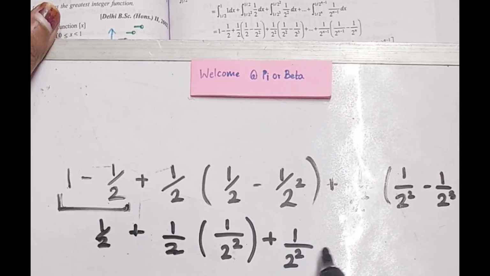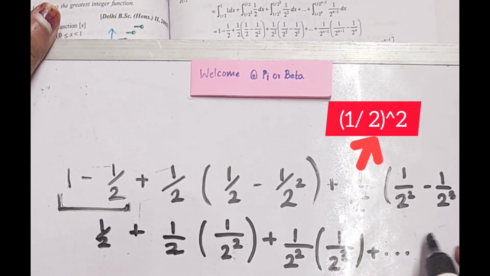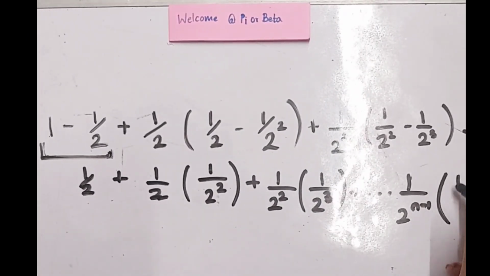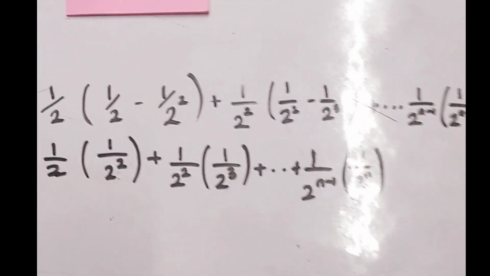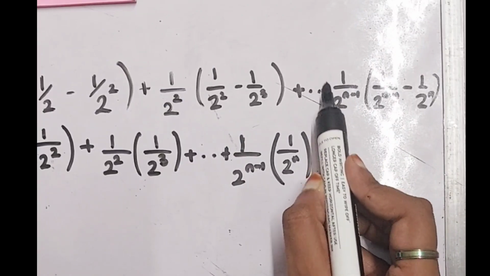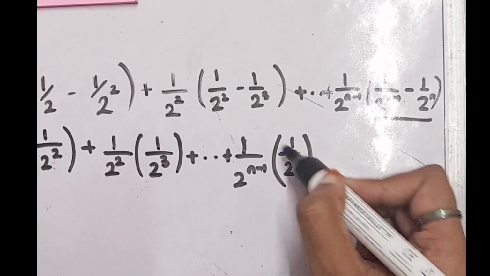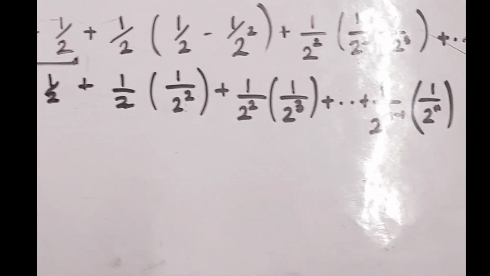Here I'm going to subtract it. 2 minus 1 is 1 by 2 cube, and so on till I get 1 by 2 power n minus 1 times 1 by 2 power n. Here it will be plus. So I think you are getting it right, because the last term will be 1 by 2 power n minus 1, and I put it as it is. I just subtracted it. I got 1 by 2 power n.